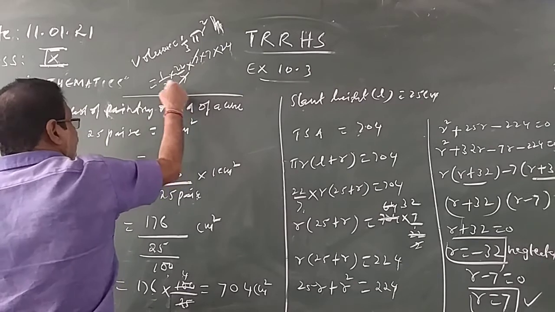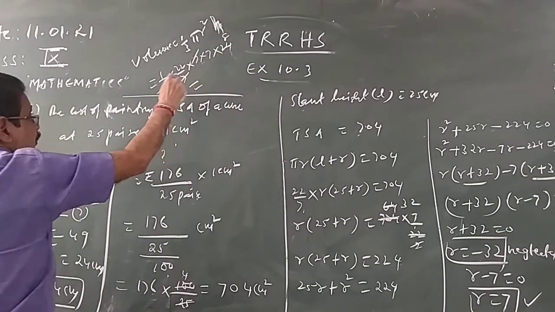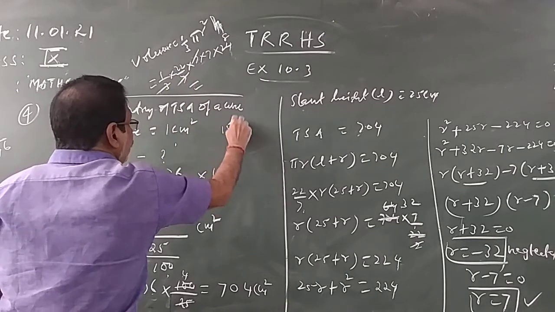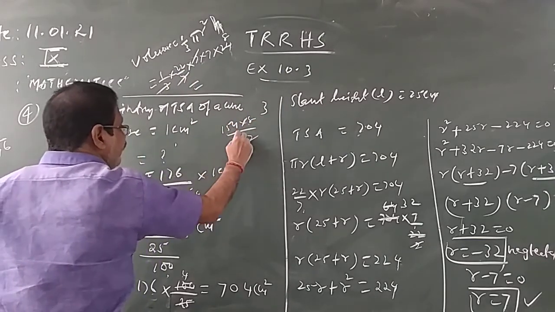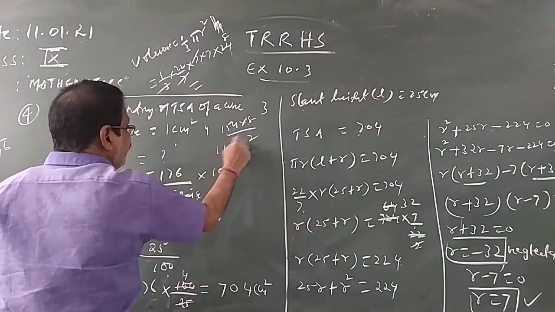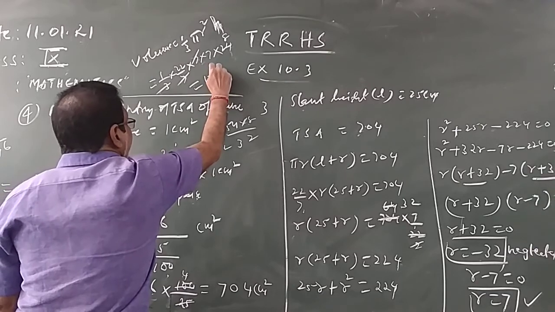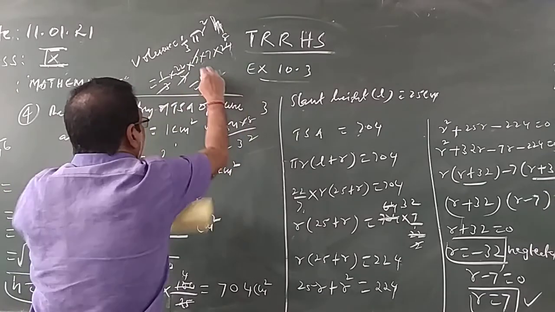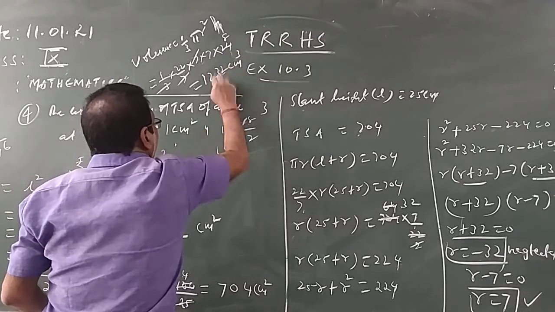The 7s cancel, 3 into 8 is 24. 22 into 7 is 154. 154 into 8 is 1232. So 1232 cubic centimeters. This is the volume.